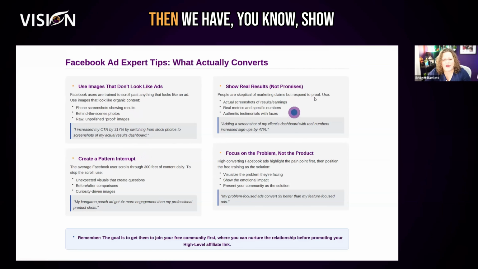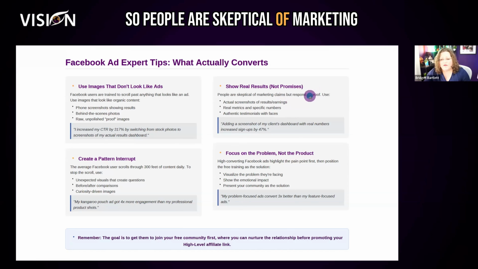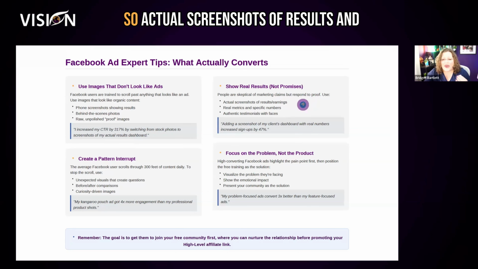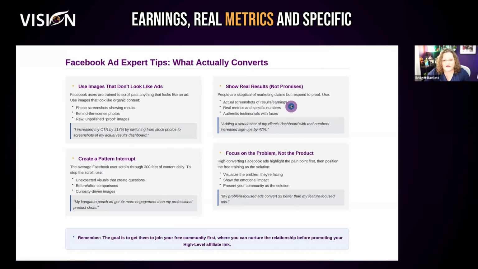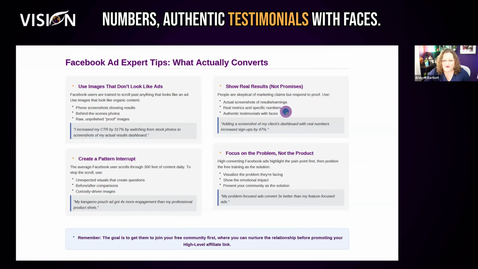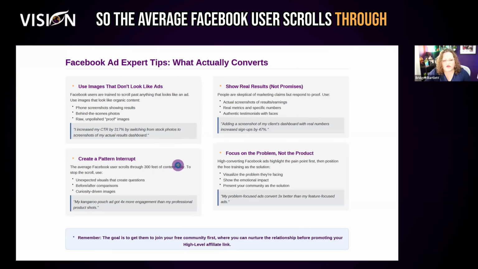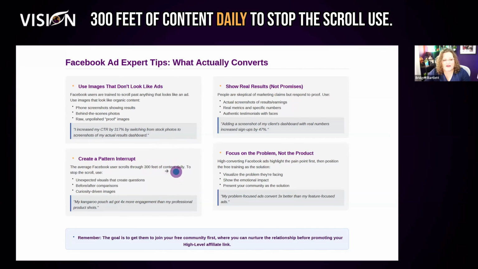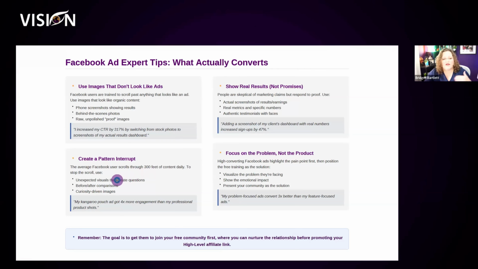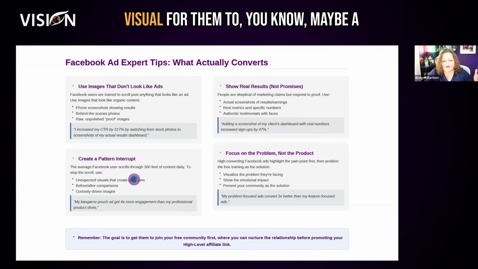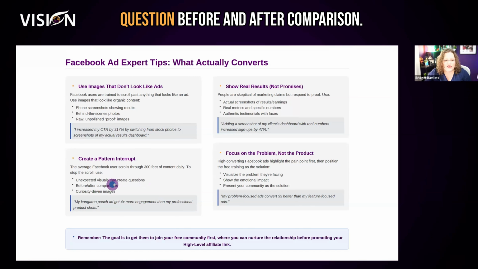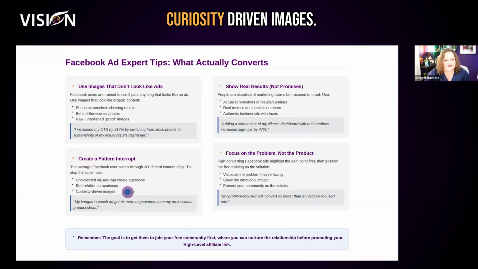Then we have, show real results, not promises. People are skeptical of marketing claims, but respond to proof. So: actual screenshots of results and earnings, real metrics and specific numbers, authentic testimonials with faces. Also create a pattern interrupt, right? The average Facebook user scrolls through 300 feet of content daily. To stop the scroll, you have to create an unexpected visual, maybe a question, a before and after comparison, or curiosity driven images.